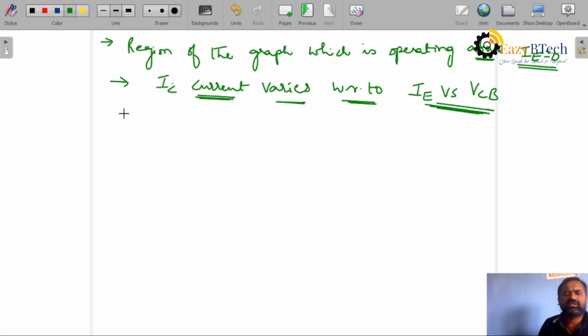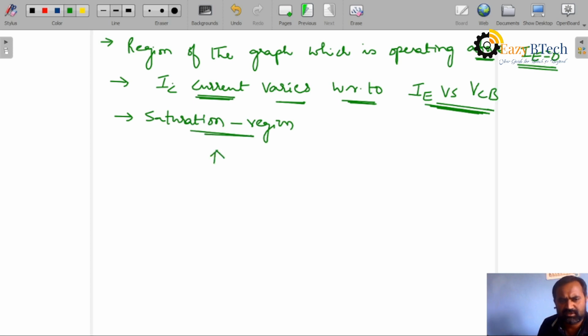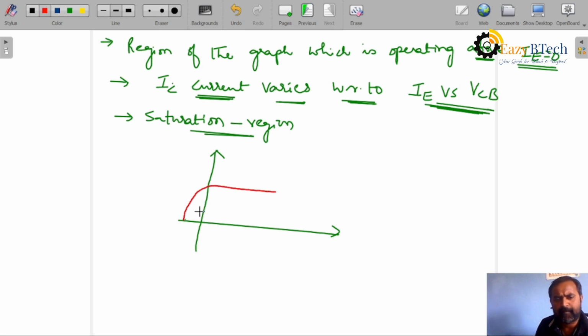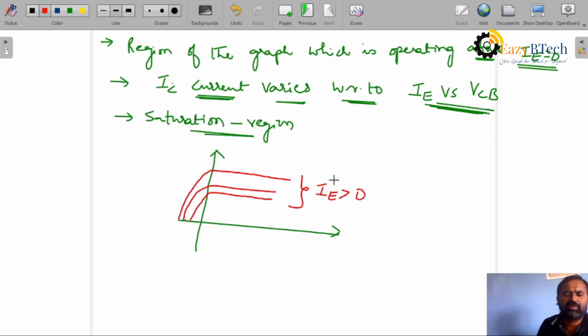This region is known as the saturation region. These all are the IE values, IE greater than 0. By keeping IE constant, we can plot a graph between IC versus VCB.